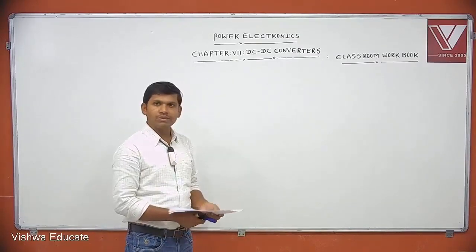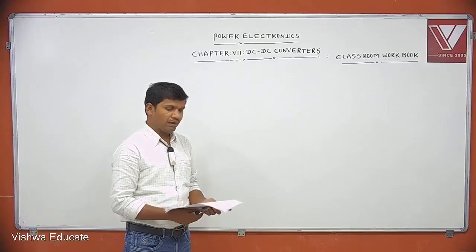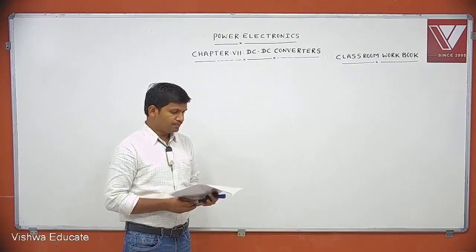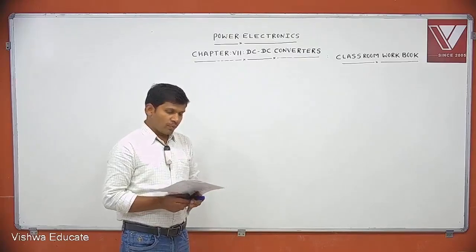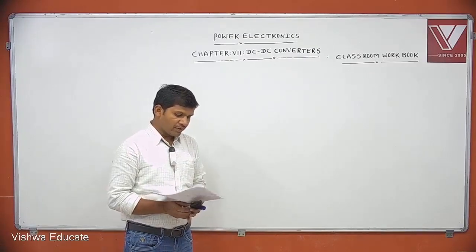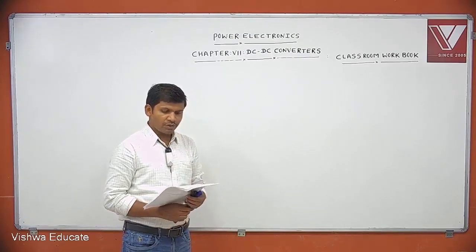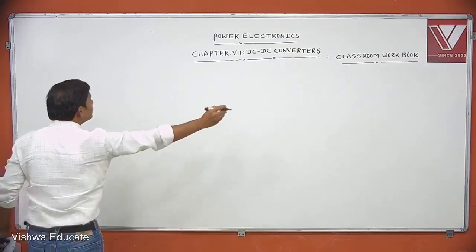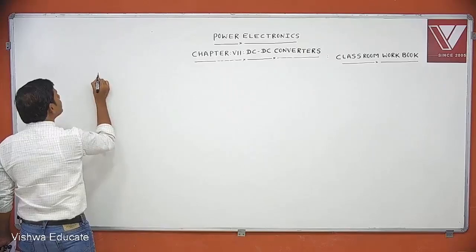This is chapter 7, DC to DC converters, that is choppers. Under the topics, the first topic is buck regulator, boost regulator and buck boost regulator. I'm discussing what the topics in the classroom workbook are.